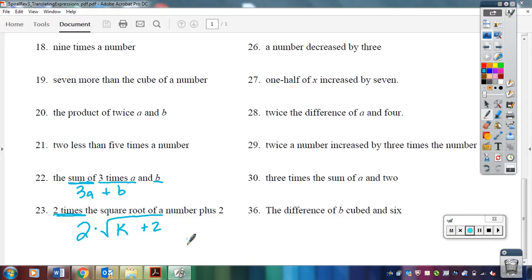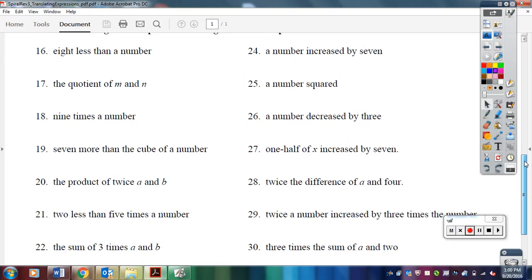Now I can see you arguing with me on that one, so it's 2 times the entire quantity. It's hard to argue with stuff like this, where commas help out. I would say 2 times the square root of a number plus 2, but I can hear you saying 2 times the square root of a number plus 2, so the square root of the whole thing. It's hard to say without the word quantity. Either one would probably be accepted.